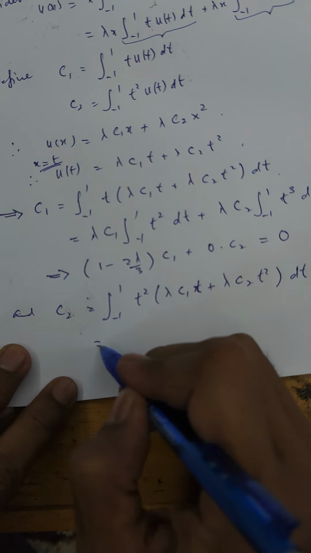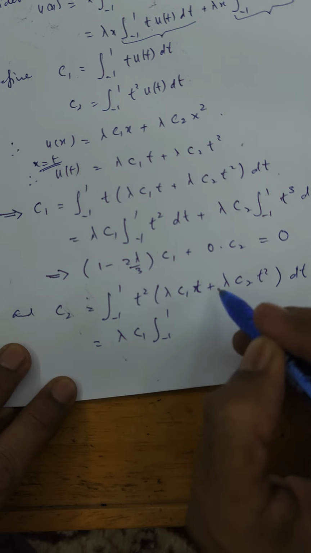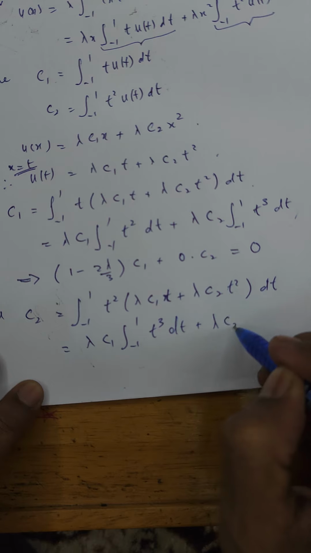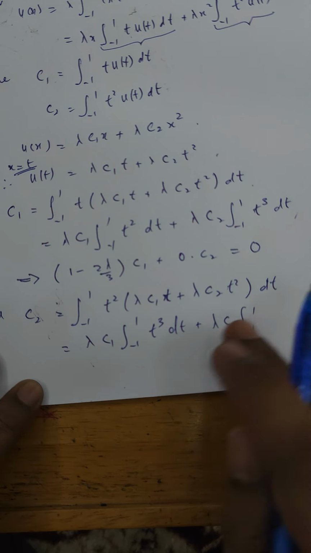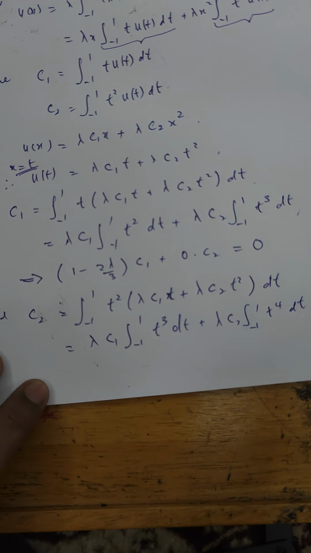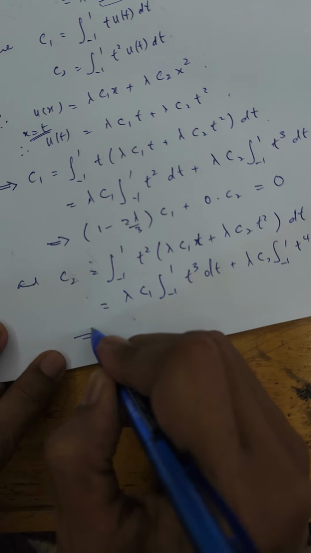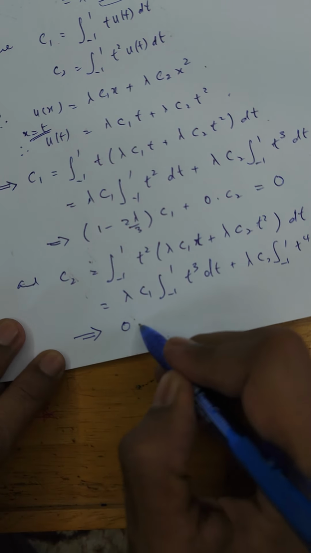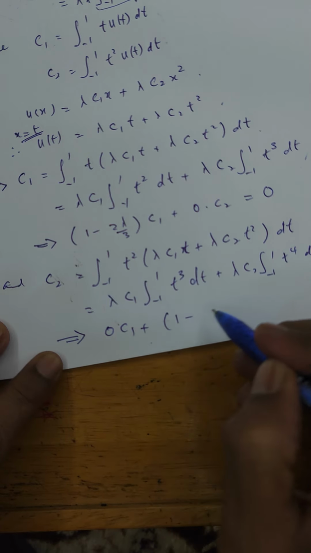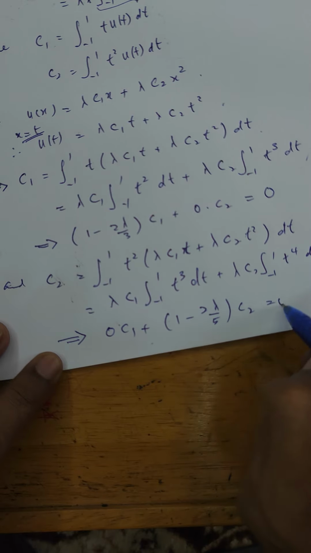That gives lambda C1 integral of t cubed dt plus lambda C2 integral of t to the 4th dt. So we have 0 times C1 plus (1 minus 2 lambda over 5) C2 equals 0.